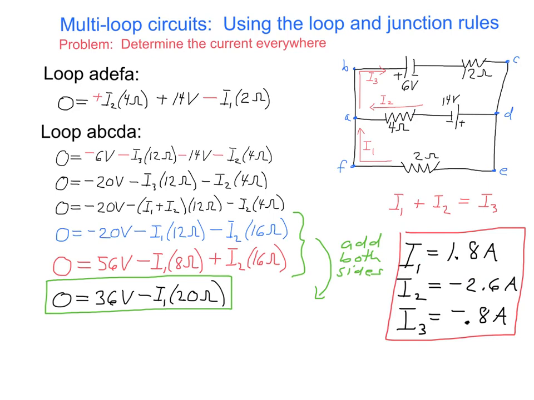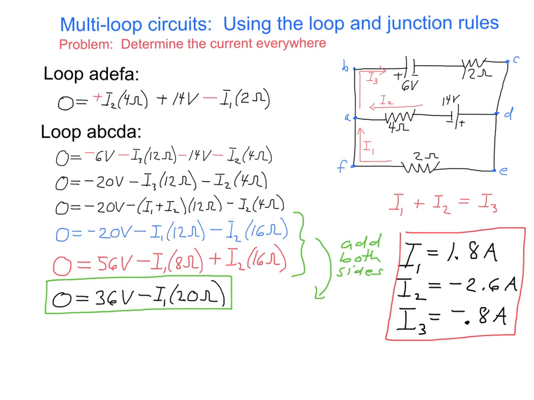I1 came out positive, so that means that the current in this branch is actually in the direction that we guessed. So we have a current of 1.8 amps flowing from right to left across the 2 ohm resistor and into junction A. I2 came out as negative 2.6 amps.